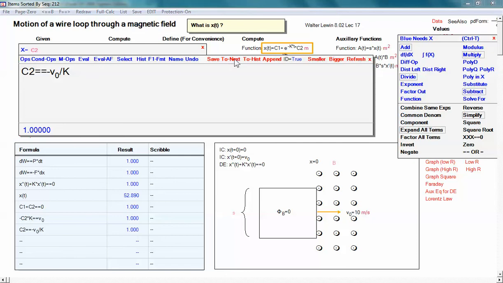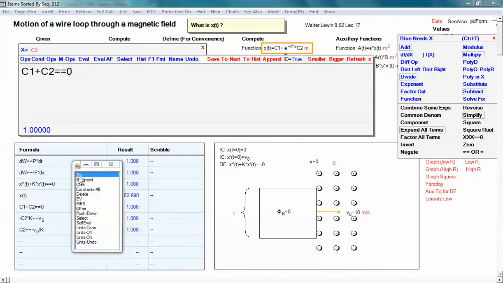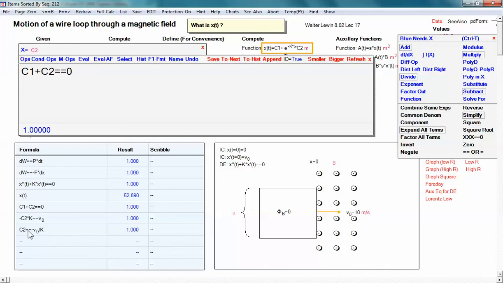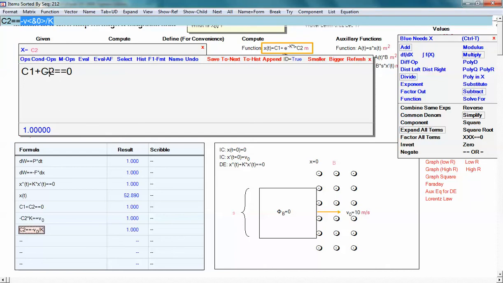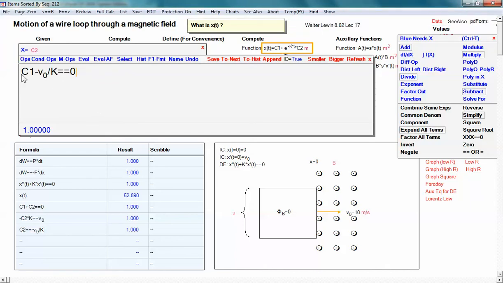So let me save that. Then we go back to this, and we big that. And now we make the substitution. We know what C2 is, so let's plug that into this formula, and then solve for C1. So I'm going to tee up C1 and solve for it. So C1 is that.